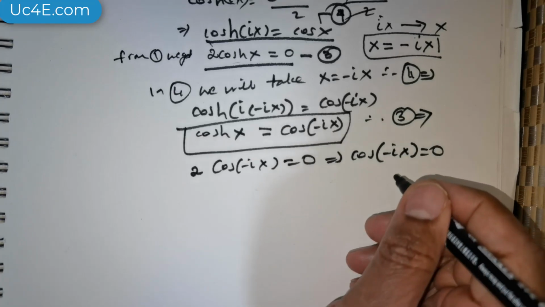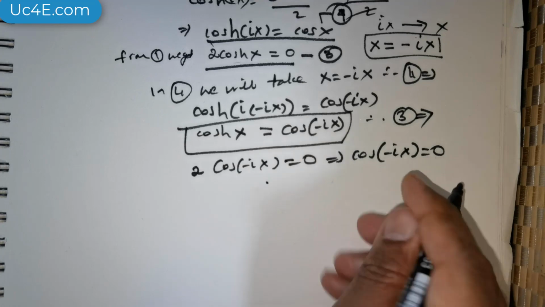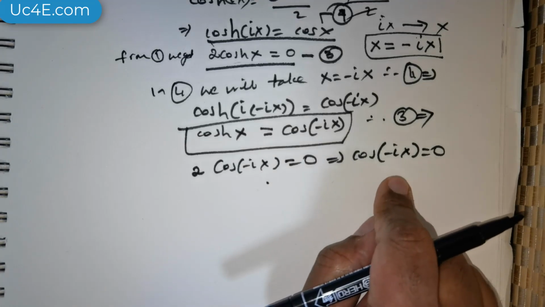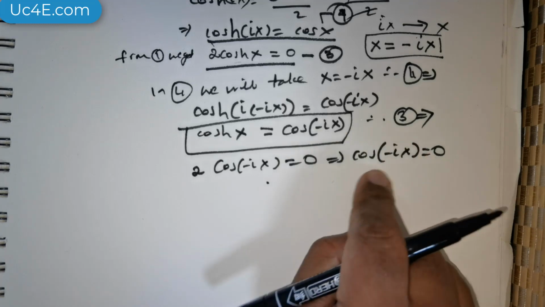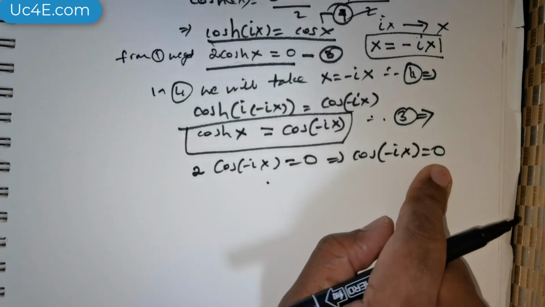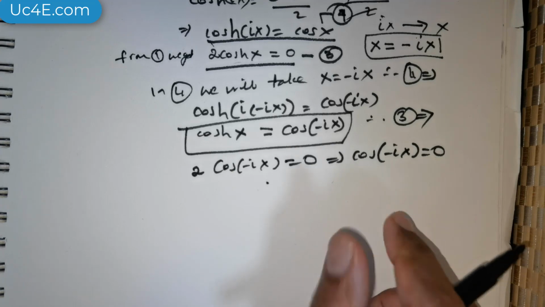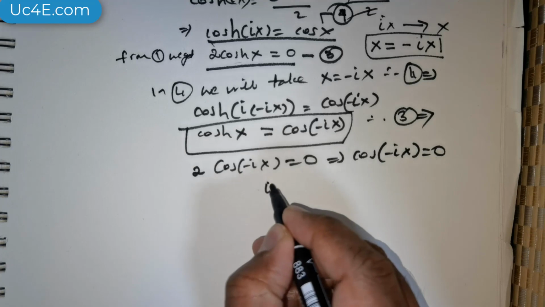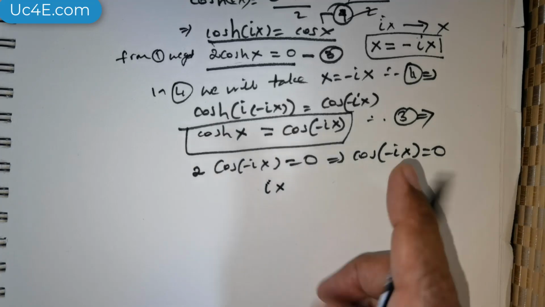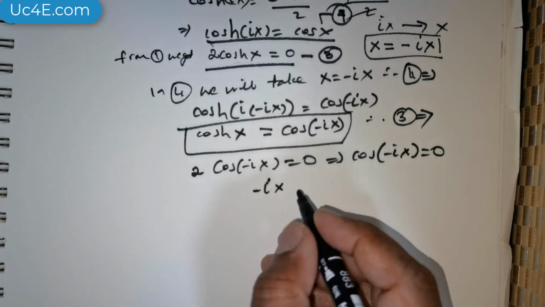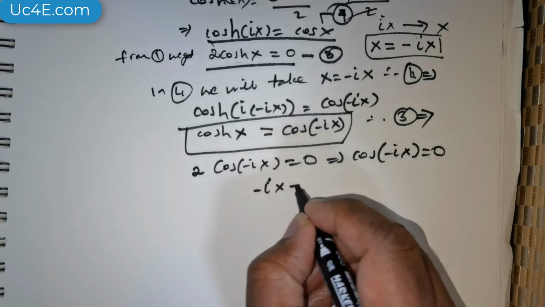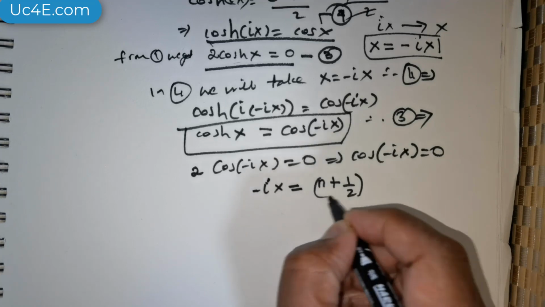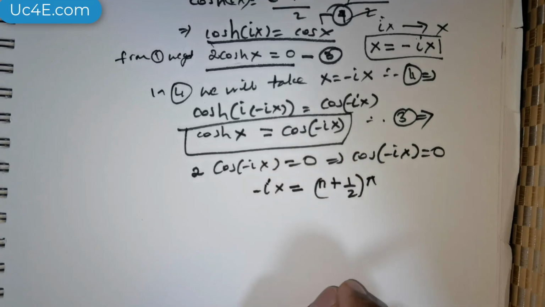Now the question comes, when would this quantity be equal to 0? Cos is an even function, but however, when would cos of this quantity be equal to 0? For what values? Clearly, this is only possible if negative i times x, since we have got a negative sign, I'm placing the negative sign exclusively, is equal to n positive 1 over 2 times pi, right?